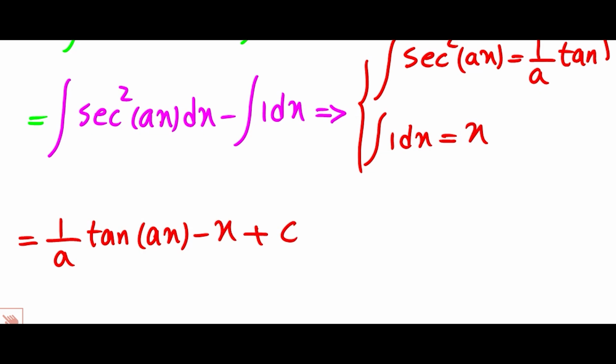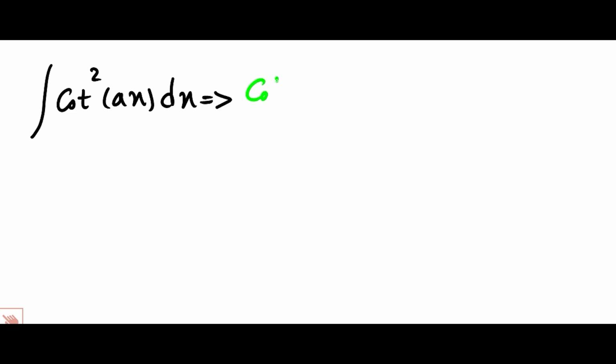So what about cotangent squared of ax? The integral of cotangent squared of ax dx. As you know, cotangent squared of u equals cosecant squared of u minus 1.